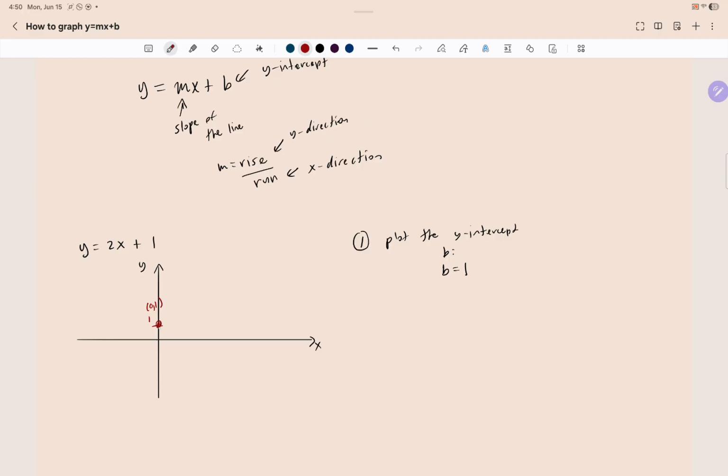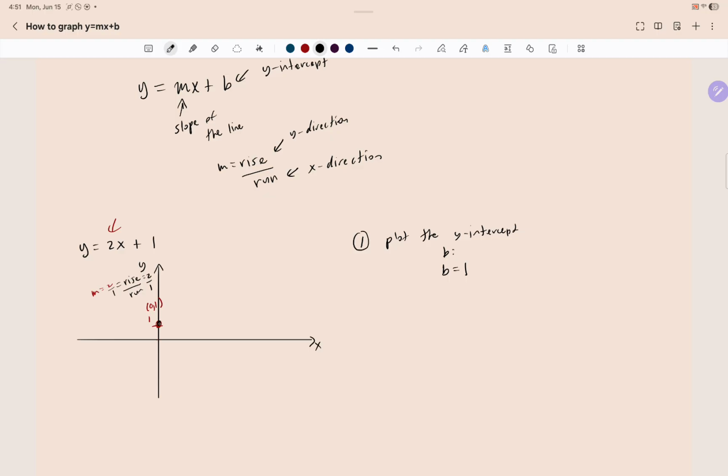Great. And from the y-intercept, I use the slope, which is 2. In other words, the rise is equal to 2, and the run is equal to 1. Instead of writing 2, I could just write it as 2 over 1.